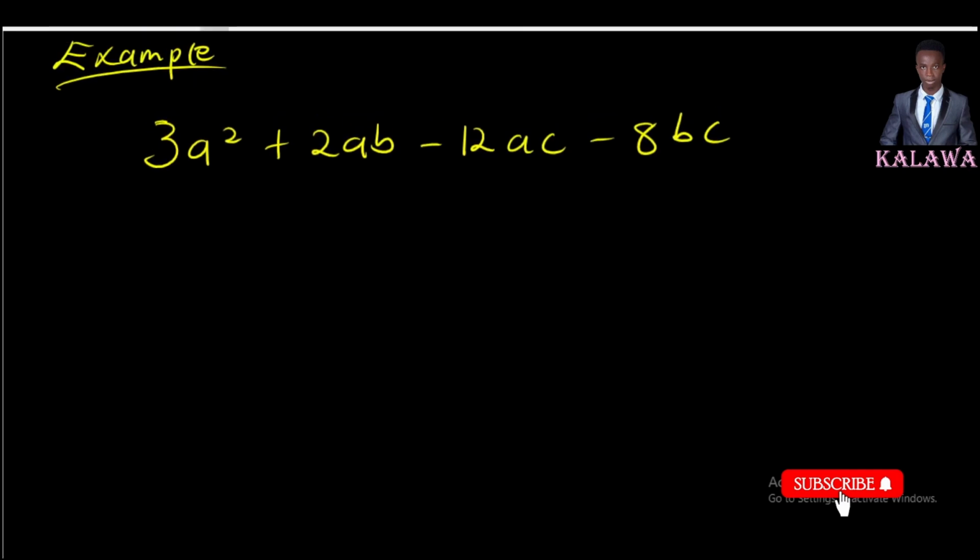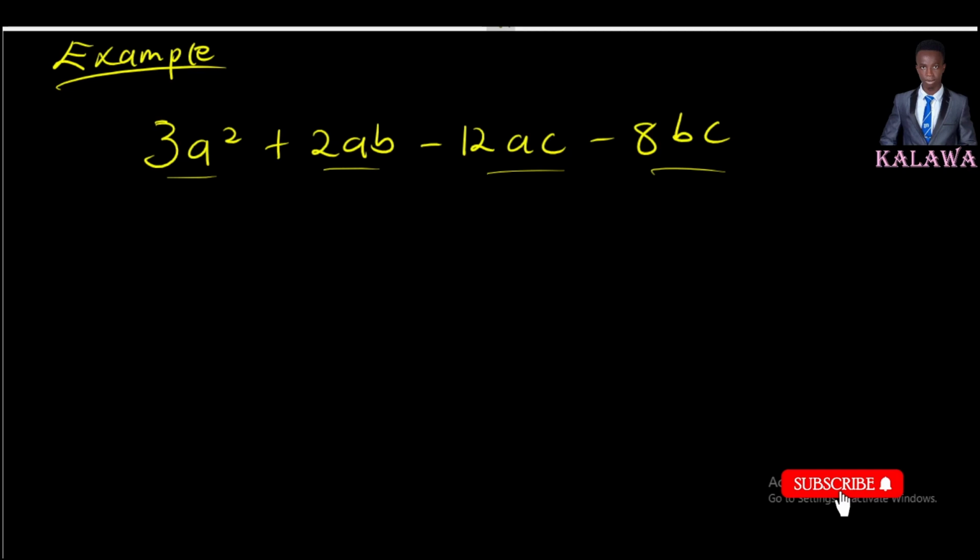If we notice here, we have 4 terms. This is 1, 2, 3, 4 terms. And when there are 4 terms, we use what? The common... we use the method of grouping, or we can say we collect like terms for a better understanding.